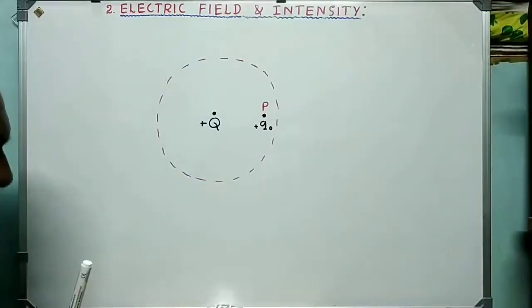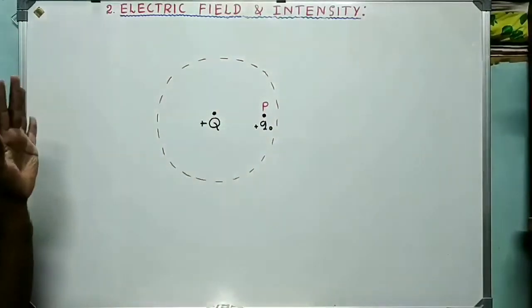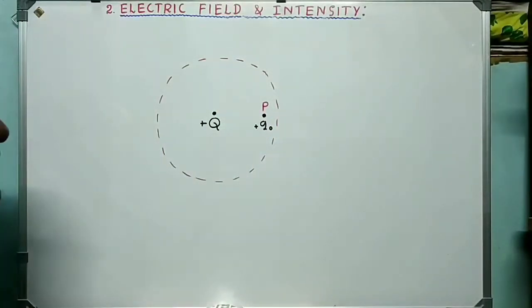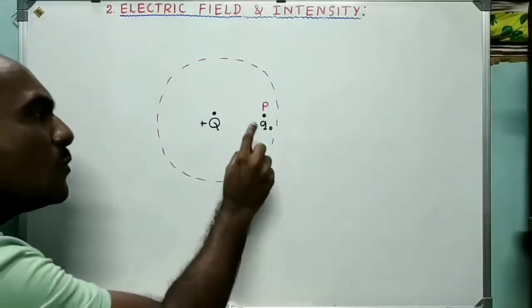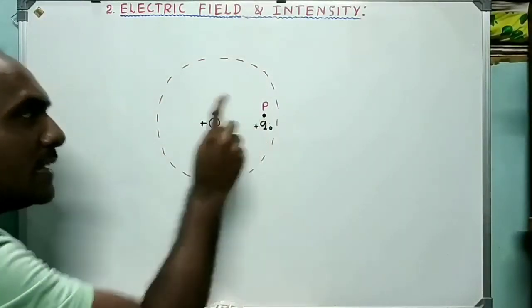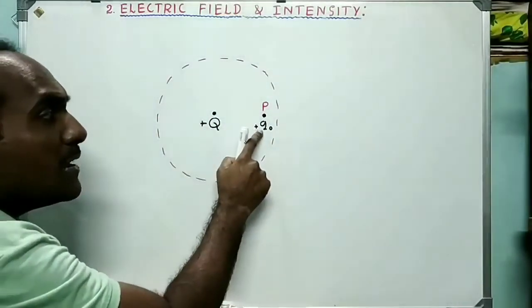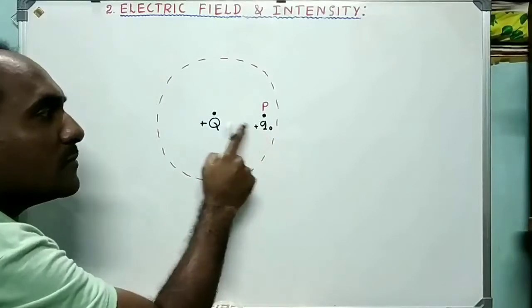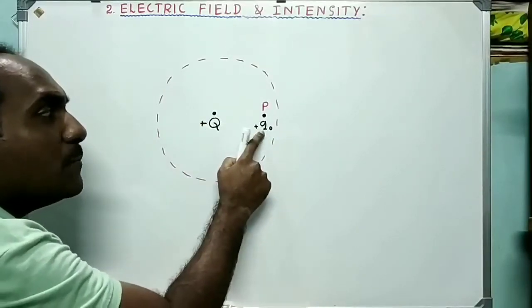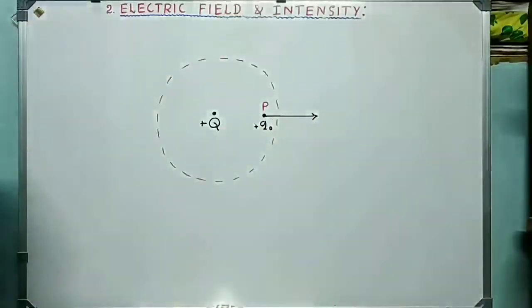Then what happens? Already you know the properties of electric charge. Like charges repel each other. Okay, see here, when I keep the small amount of charge, that is a test charge, at a point P, then what happens? This capital Q repels this small Q0. This point charge repels the test charge in this direction. Getting the idea?